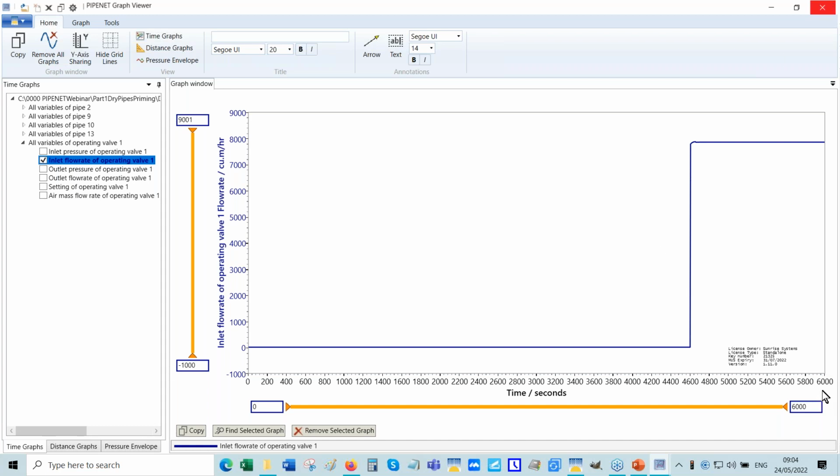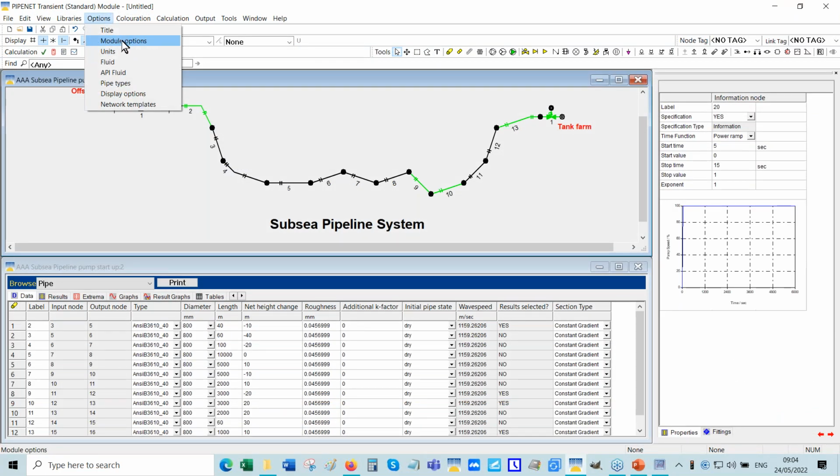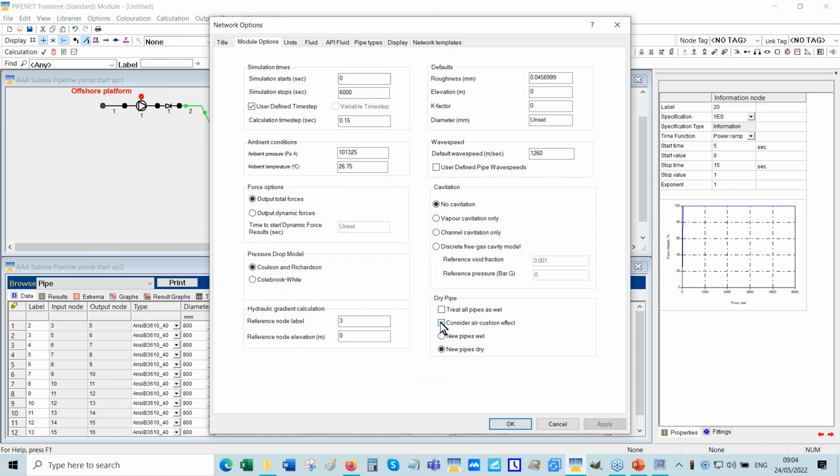That's why the simulation time had to be 6,000, because it takes a relatively long period of time. That's, what is it, 4,600 divided by 3,600 is more than 1 hour. It's probably 1.3 hours or something like that. Anyway, it doesn't matter. It shows that it takes a fairly long time. Let us see what happens if we use dry pipe 2.